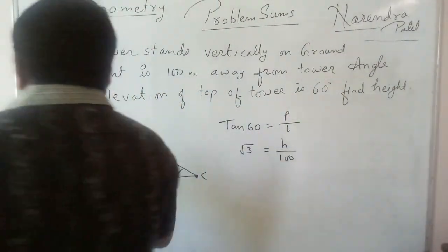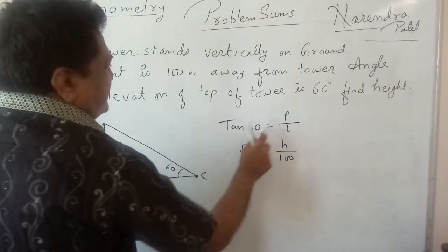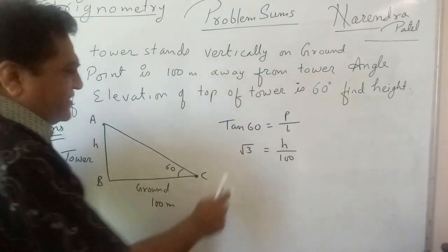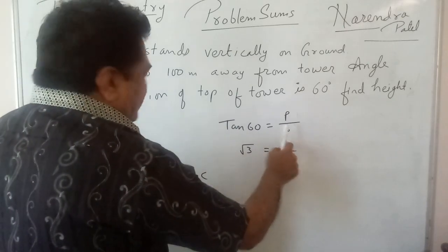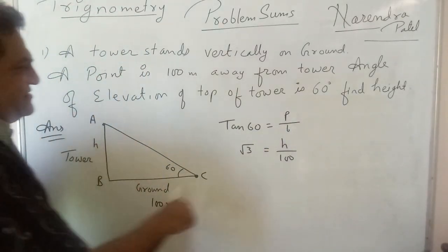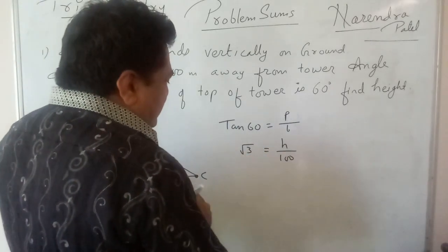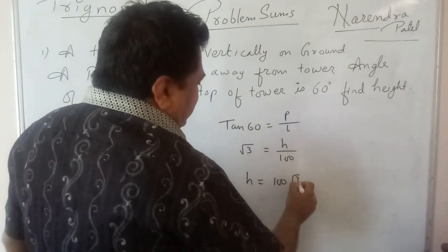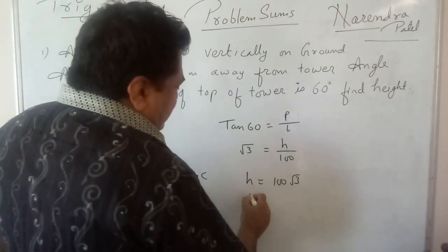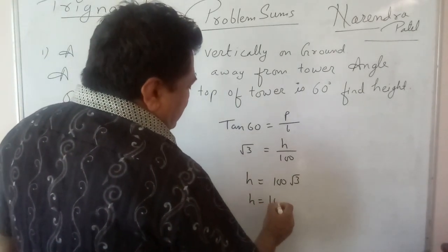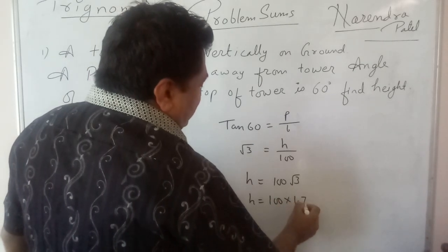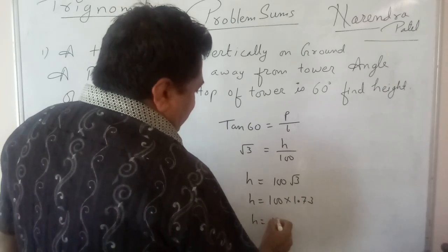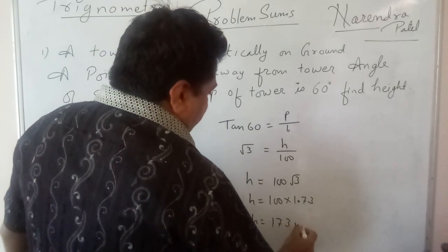So root 3 equals H upon 100, so H is equal to 100 root 3. Last session I told you that the value of root 3 is 1.73. So when you multiply by 100 you get 173 meters.